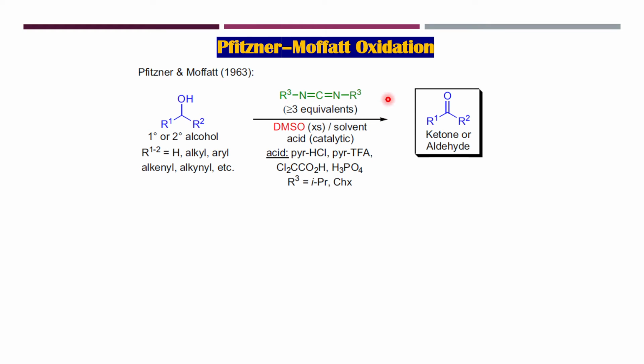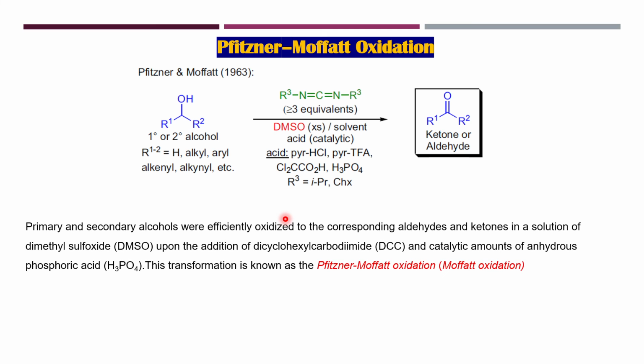Okay, so over here the acid that can be used is pyridinium hydrochloride or pyridinium with TFA, trifluoroacetic acid, or dichloroacetic acid, or phosphoric acid can be used over here. So as I said, this R-N=C=N-R is basically dicyclohexylcarbodiimide, which is also known as DCC.